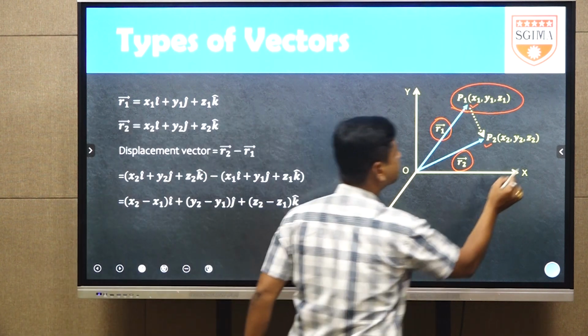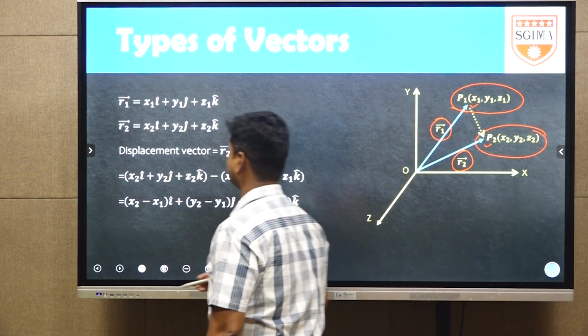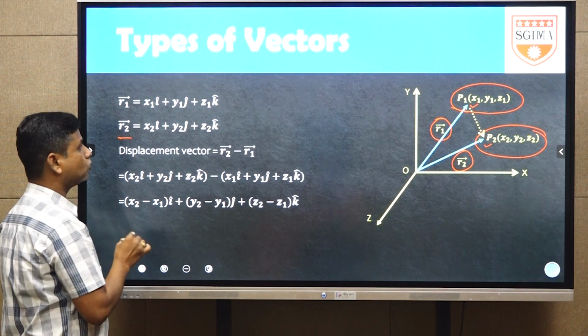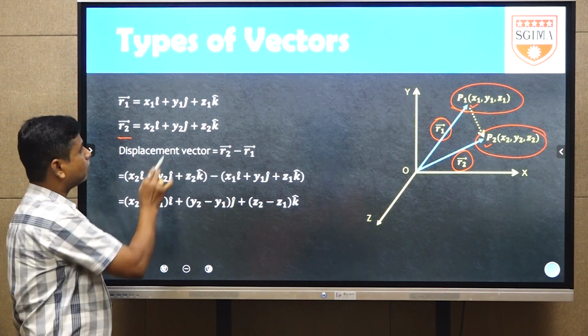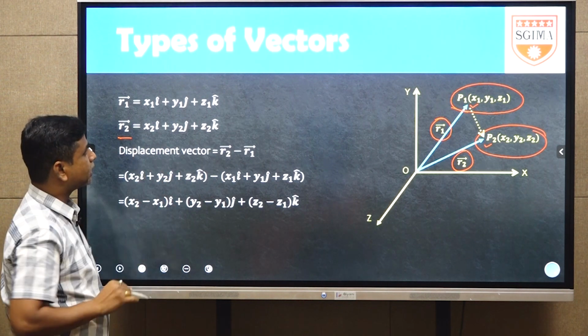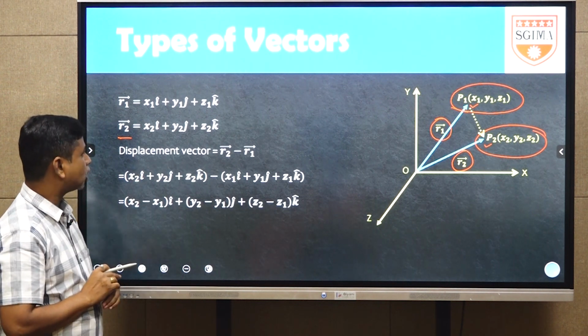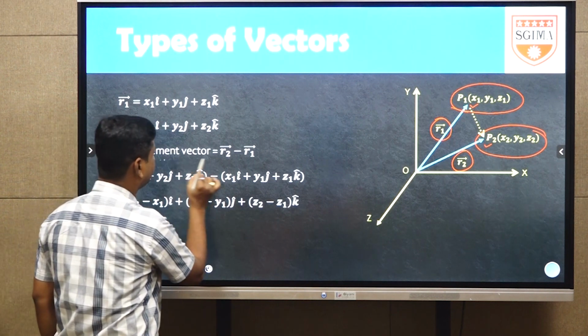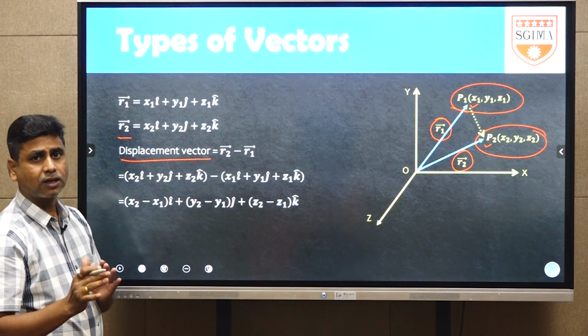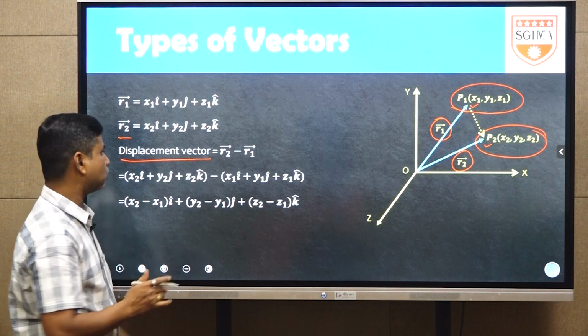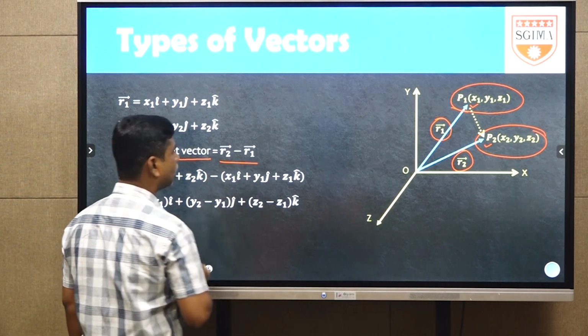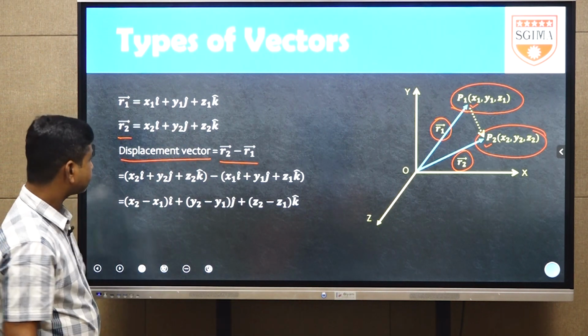The final position in vector form is r2 bar equal to x2 i cap plus y2 j cap plus z2 k cap. With the initial and final position vectors, we get the displacement vector. What is the displacement vector? Final position minus initial position. That is why we write r2 bar minus r1 bar.